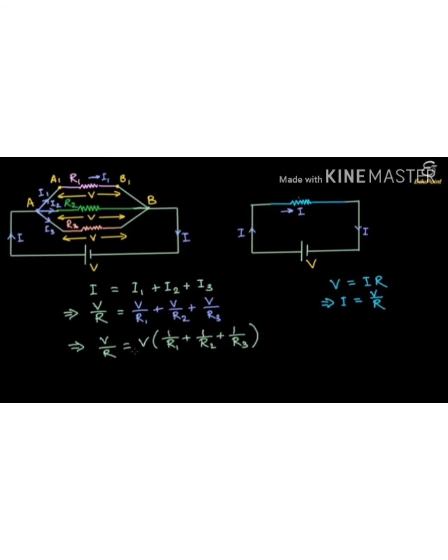In both the left hand side and right hand side V is there, it will go off, so the equation changes to 1 by R is equal to 1 by R1 plus 1 by R2 plus 1 by R3. That is, if 3 resistors are connected in parallel, then the reciprocal of the effective resistance will be equal to the sum of the reciprocal of the individual resistances.